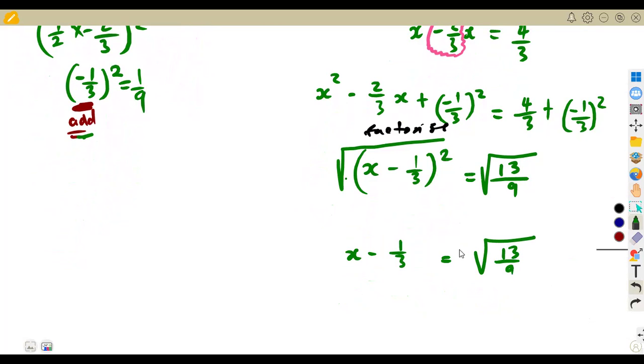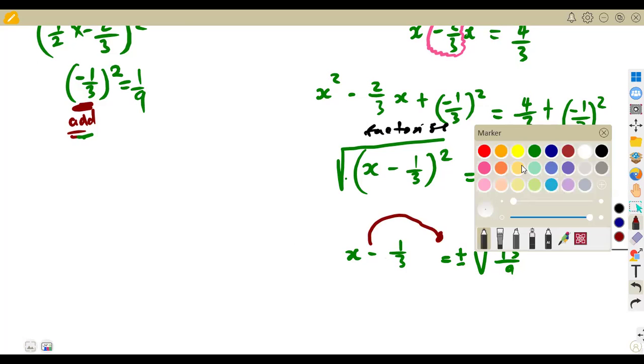But we all know that the square root of any number is a plus or minus. Whatever you're going to get there, it's a plus or minus. For a square root, there are two possible values there. So in order now for us to have the value of x, what can we do? We can transpose the minus third to the other side of the equation.